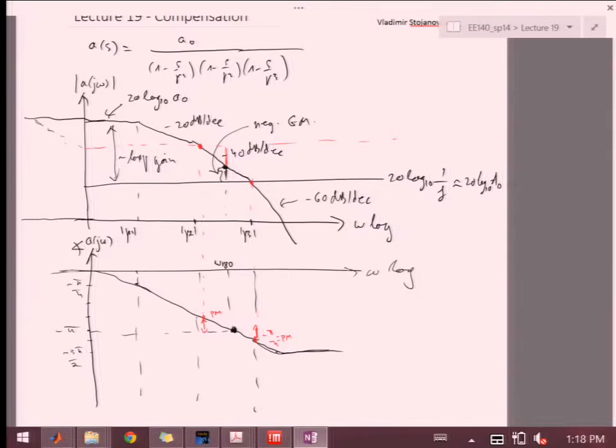And as long as I pick, for example, pole 2 to be my crossing point, or in this case, if I add a pole, I would have to actually pick pole 1 as my crossing point.